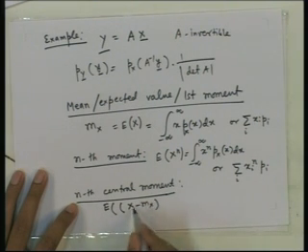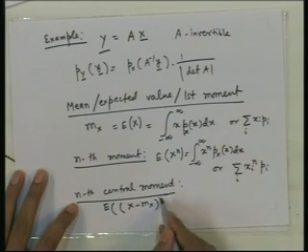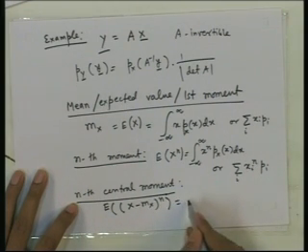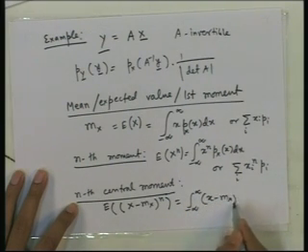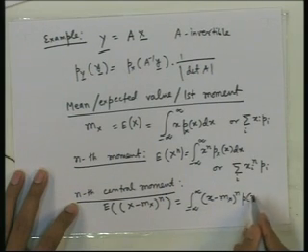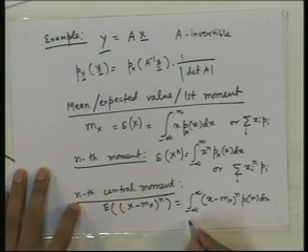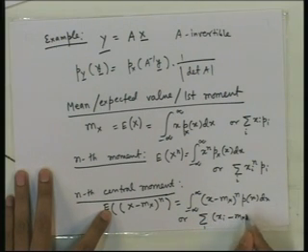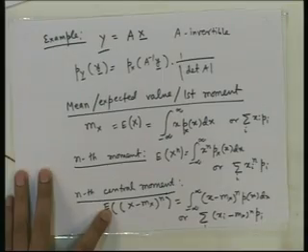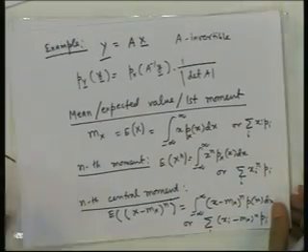We subtract mx from x, then this becomes a new random variable, and then this power n, you take the expectation. So, this will be the integral of x minus mx power n px dx, or if it is a discrete random variable, you take xi minus mx power n pi, summation instead of integration.